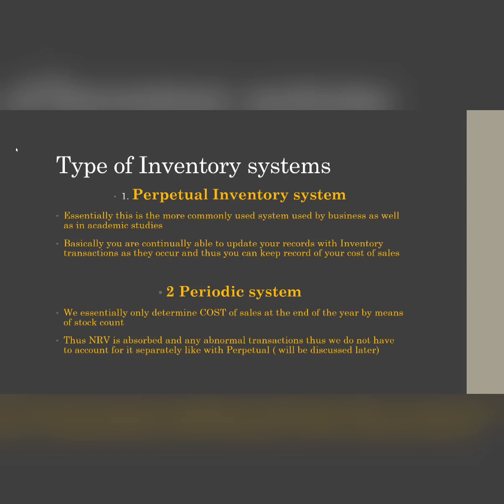It's unlike the periodic system where essentially you only determine cost of sales at the end of the year or end of a specific month, depending on the company's policies, by means of a stock count where people will literally count the stock you have to see what they purchased, what they sold, etc. In that same breath, this also means that the net realizable value (NRV), as well as abnormal transactions and losses, are absorbed automatically into the periodic system.